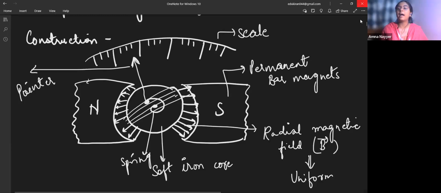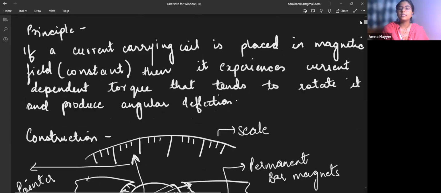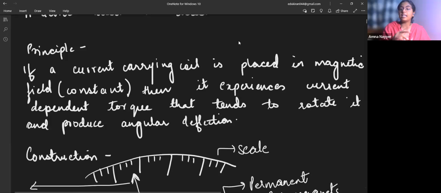Now come back to its principle. What is the principle? It says if a current carrying coil, meaning the wire turnings, is placed in a constant magnetic field, meaning the magnetic field has to be uniform, then it experiences a current dependent torque.